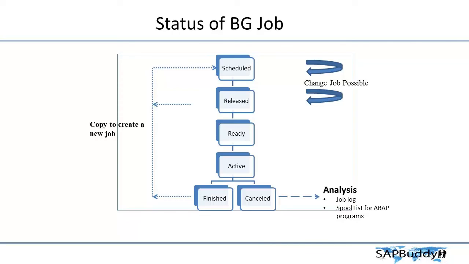Releasing the job should be done by the administrator or a user who has this authorization. Who can release the job is controlled by authorizations. Generally, the administrator can release jobs, or users can release their own jobs. If they want to release other users' jobs, they need authorization for that.